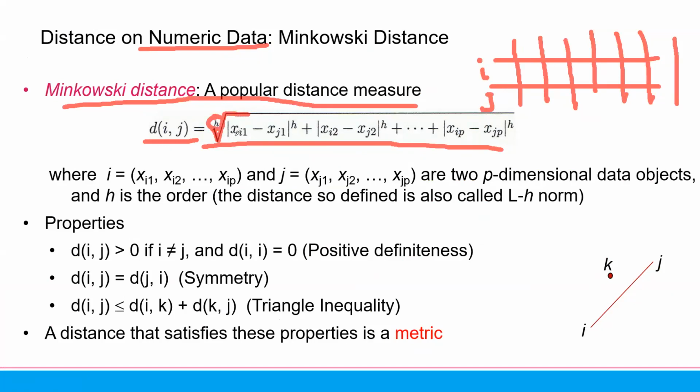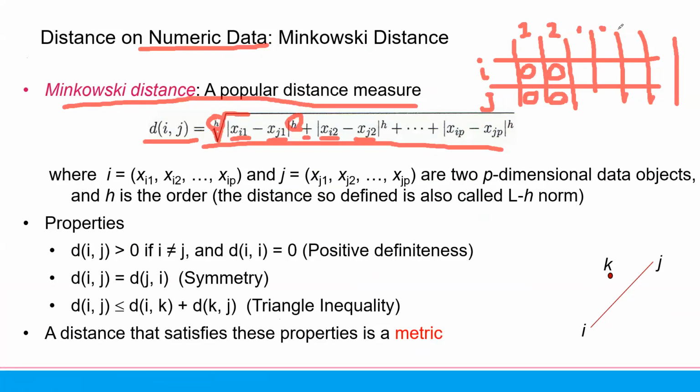And the formula will be xi1 minus xj1. So this is the column 1. We will do subtraction from this value and this value, and then we will do the power of h, plus xi2 minus xj2. So xi2, xj2. This is the column number 2.